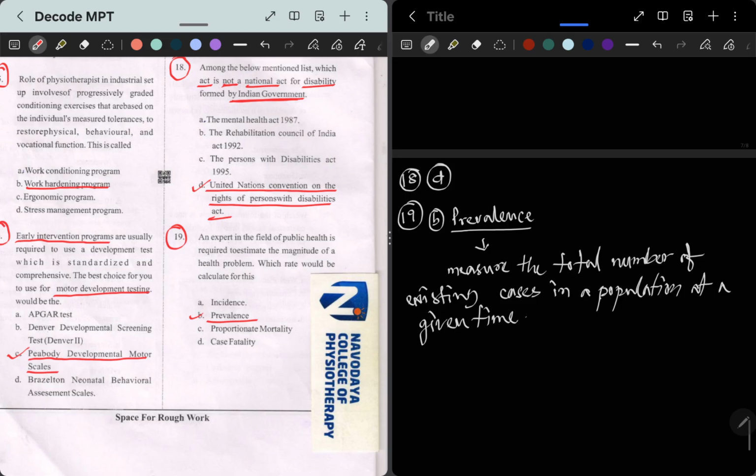So it reflects the magnitude or burden of a health problem.